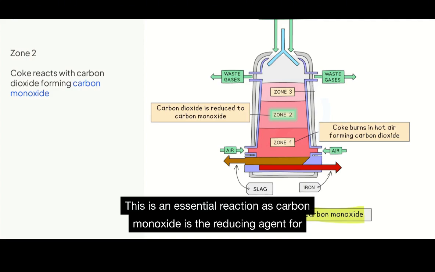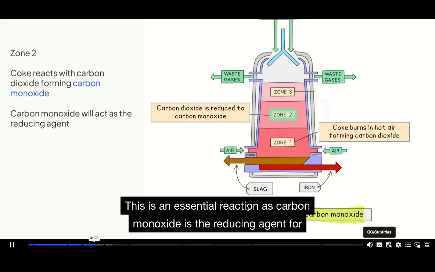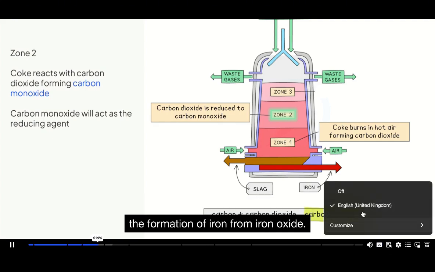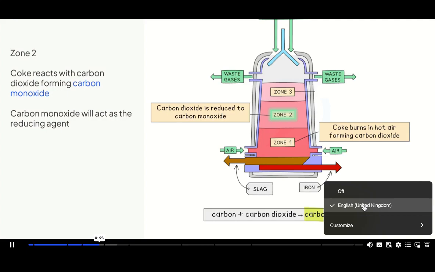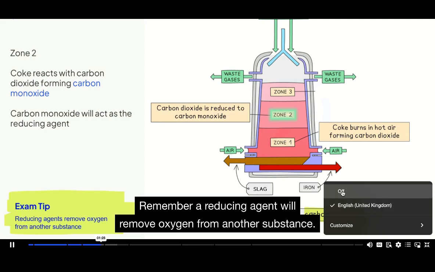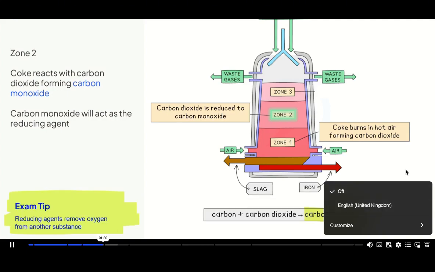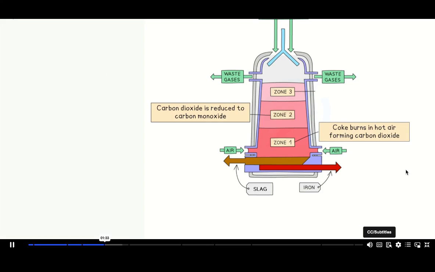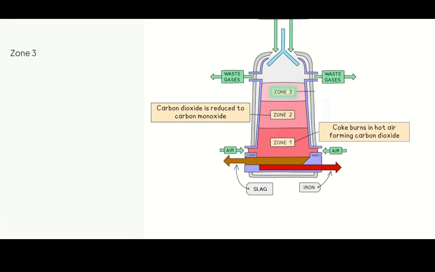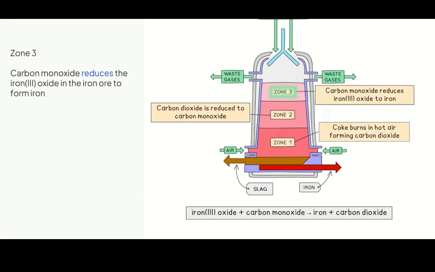This is an essential reaction, as carbon monoxide is the reducing agent for the formation of iron from iron oxide. Remember, a reducing agent will remove oxygen from another substance. In Zone 3, the carbon monoxide formed will reduce the iron(III) oxide and form molten iron.